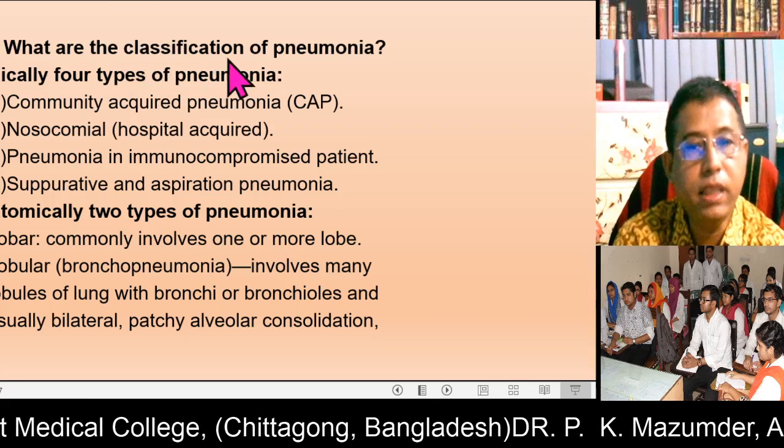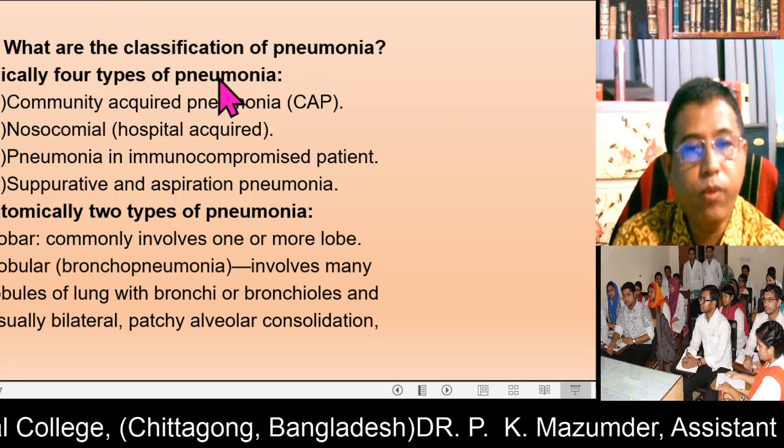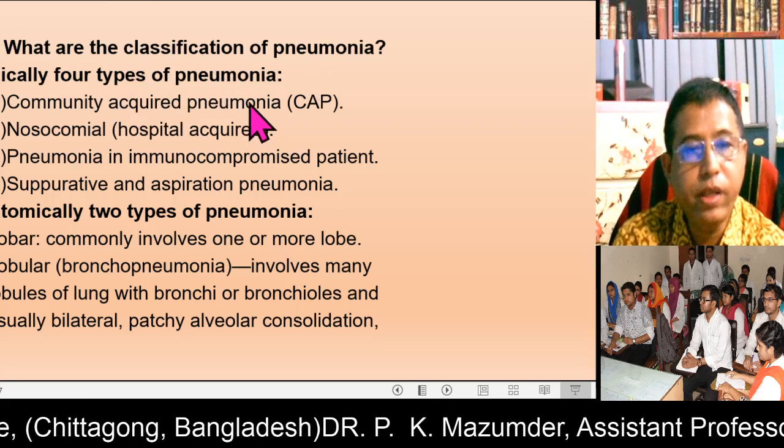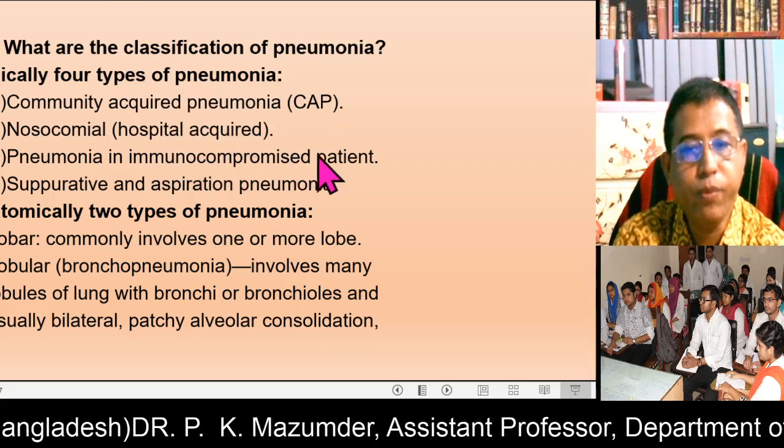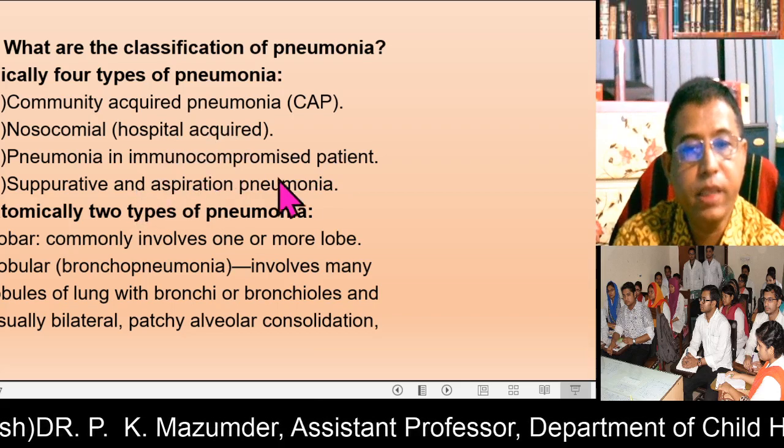Now, what is the classification of pneumonia? Clinically, 4 types of pneumonia: community acquired pneumonia, nosocomial or hospital acquired pneumonia, pneumonia in immunocompromised patients, and suppurative and aspiration pneumonia.